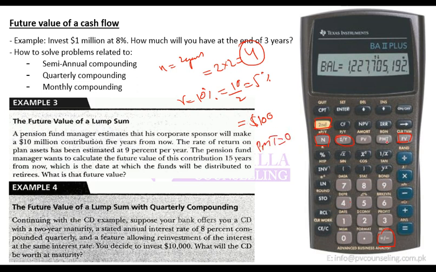So you press 0, press PMT. And now you have to calculate FV. So you press compute, press FV, and your FV gets computed, and the answer should be 121.55.